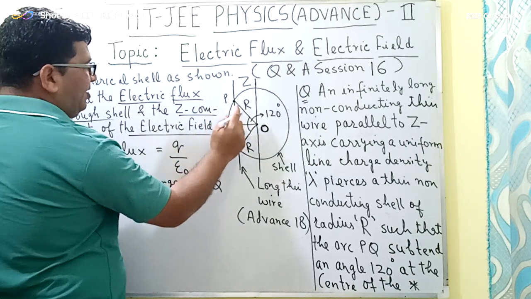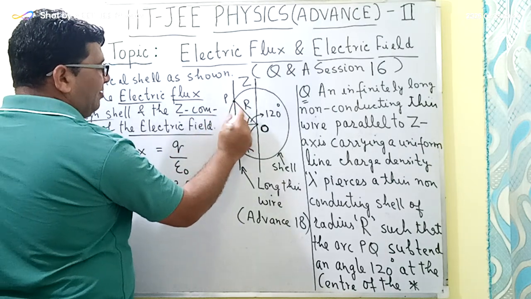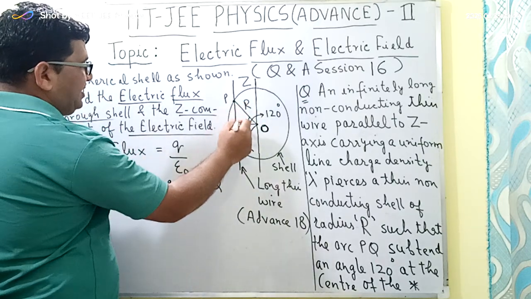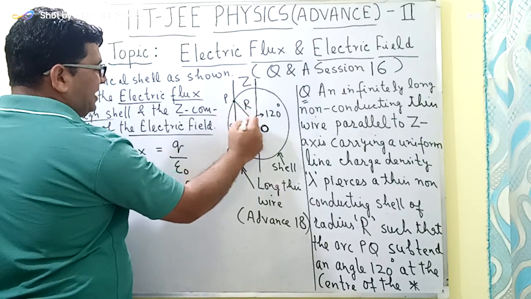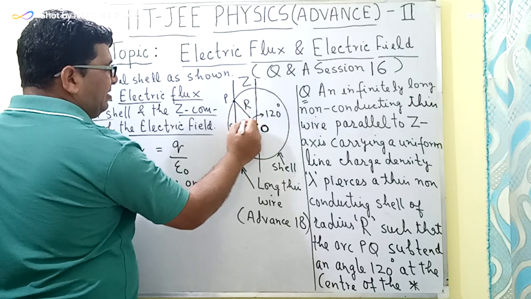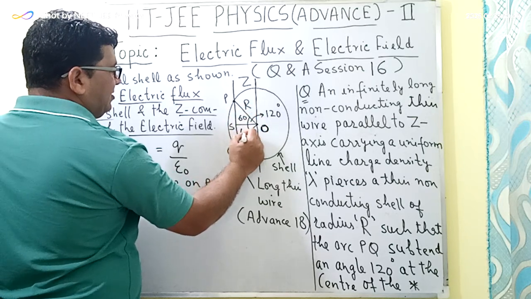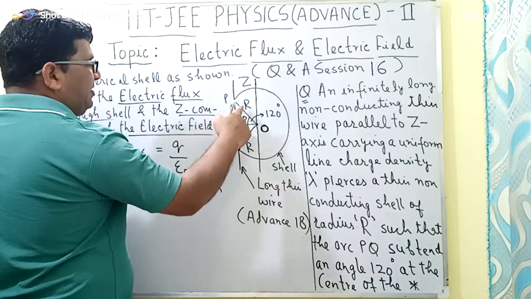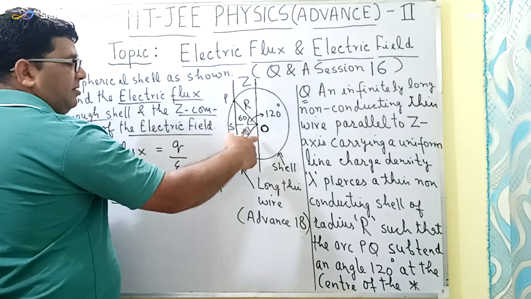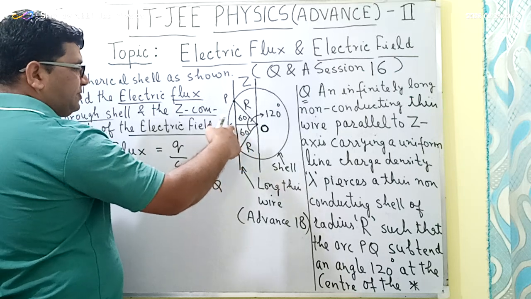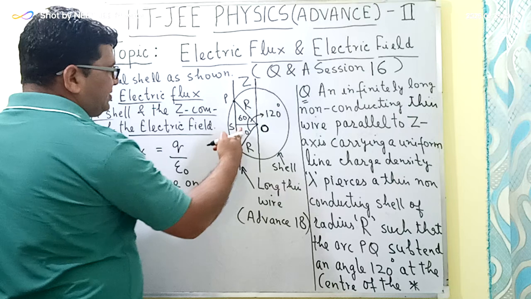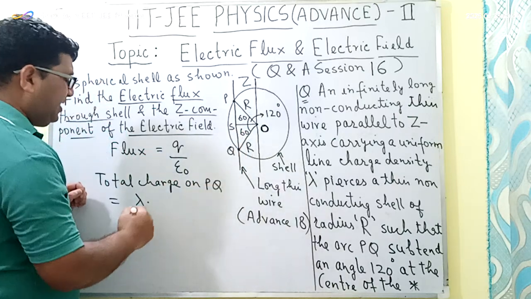Now PQ will be equal to what? That will be equal to PS; we will find the length of PS and then multiply it by 2. PS will be equal to R sine 60. This is R and this is R, and this is the perpendicular here, so this angle will be equal to 60. So PS will be equal to R sine 60, and again QS will also be equal to the same value, R sine 60.